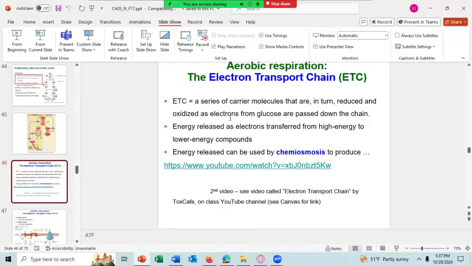Energy is released as the electrons are transferred from a high energy compound to the next step, which is a lower energy compound. That energy can be used by chemiosmosis, part of the electron transport chain, to produce ATP.